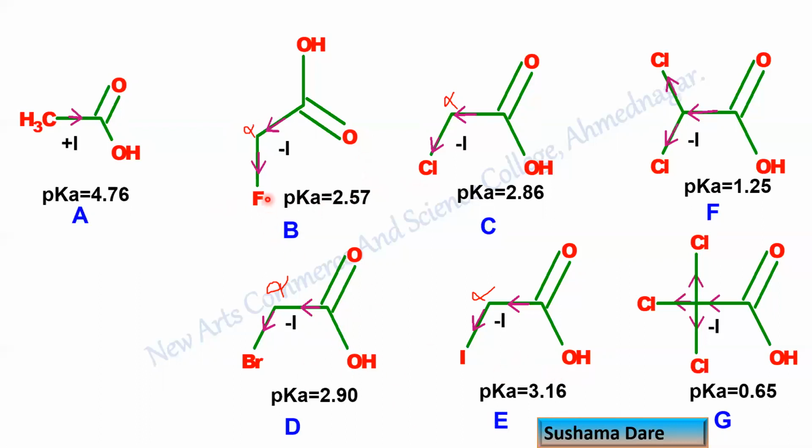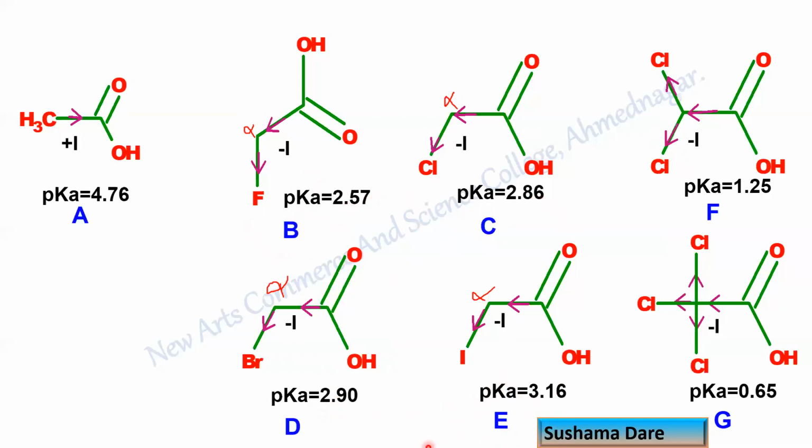Fluoro is highly electronegative, then chloro, then bromo, then iodo. As electronegativity goes on decreasing, the minus I effect also goes on decreasing. As the minus I effect decreases, the stability of the conjugate base also decreases. Hence the rate of dissociation goes on decreasing from B to C to D to A. Because of that, E is a weak acid as compared to B.